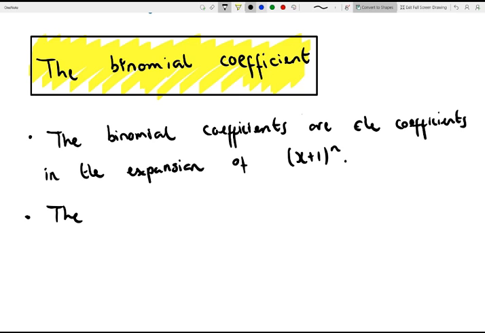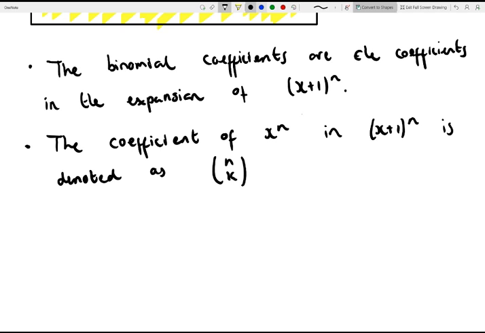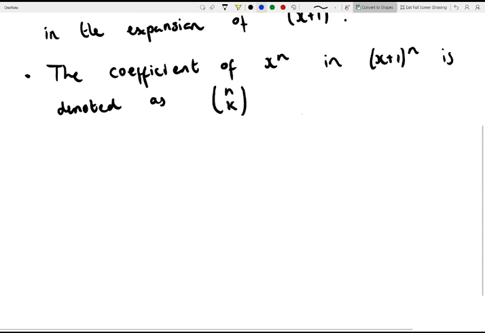And the coefficient of x to the k in the expansion of x plus 1 to the n is denoted as n choose k, which is an n on top of a k with big brackets either side.